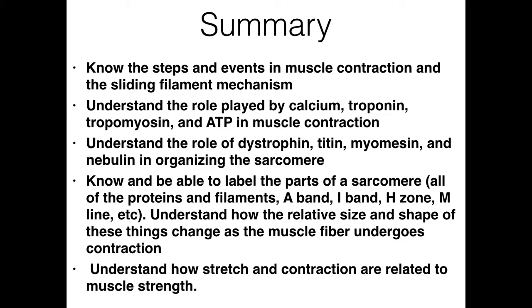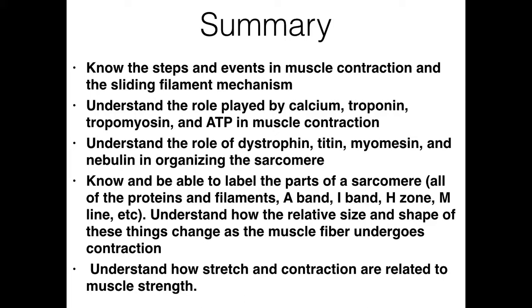So in summary, what you need to know for this section: you should know the steps and events in muscle contraction and the sliding filament mechanism. You should know those 4 steps of the sliding filament mechanism. You should know the role that ATP is playing.